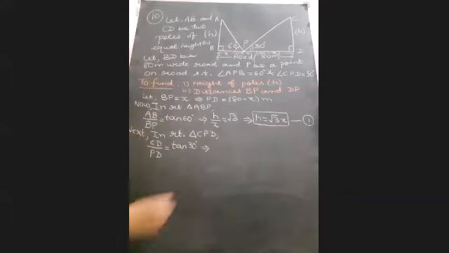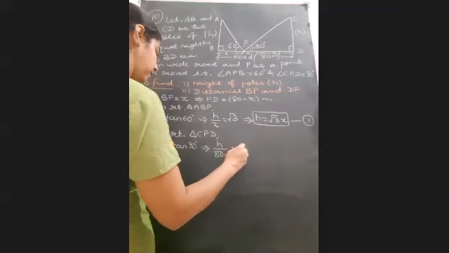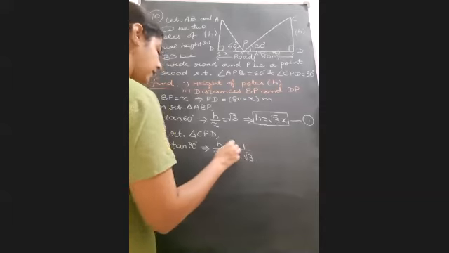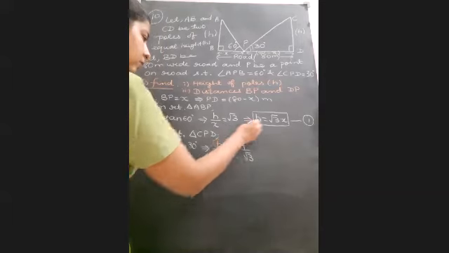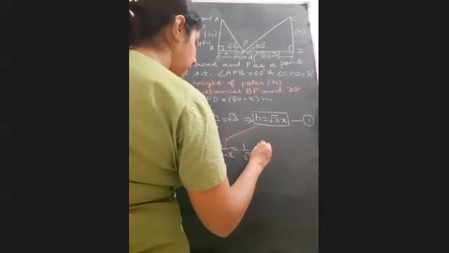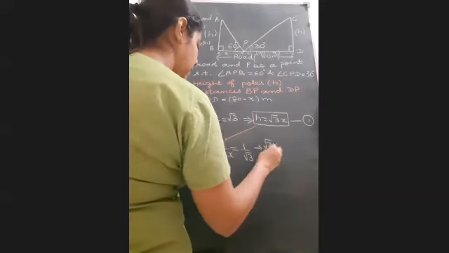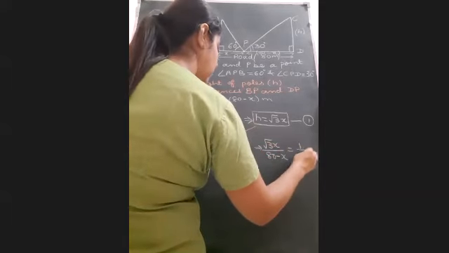H upon 80 minus X is equal to 1 by root 3. Right? Now, in place of H, what can I put? Root 3x. In place of H, now I shall put root 3x using this. So this will be root 3x upon 80 minus x is equal to 1 by root 3.